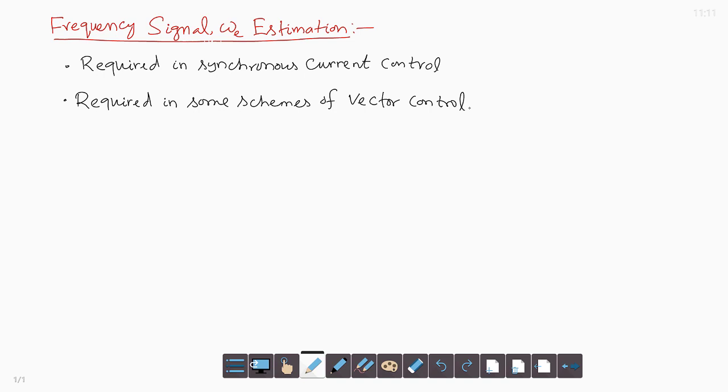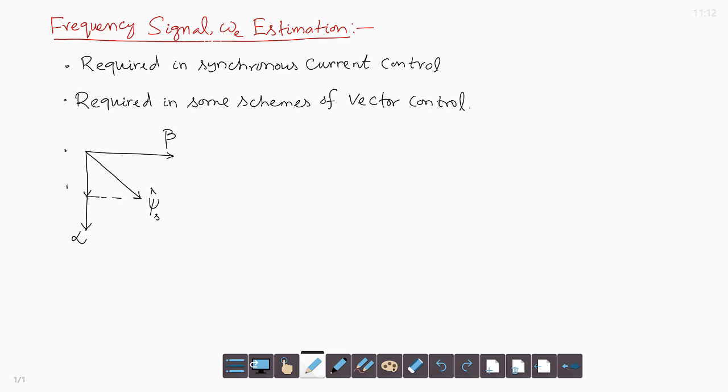So, as you know, the vector orientation diagram, say alpha axis, beta axis, and this is the stator flux psi s.